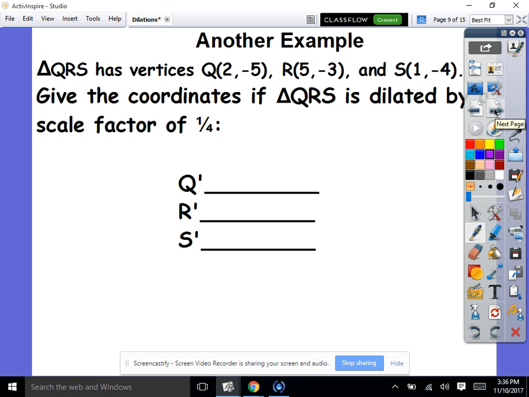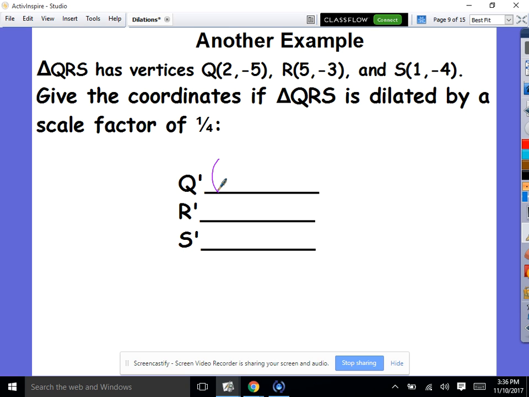Triangle QRS has vertices Q, 2, -5, and R, 5, -3, and S, 1, -4. Give the coordinates if triangle QRS is dilated by a scale factor of 1/4. So 2 times 1/4 would be 2/4, which is 1/2. -5 times 1/4 is -5/4, or -1 1/4.